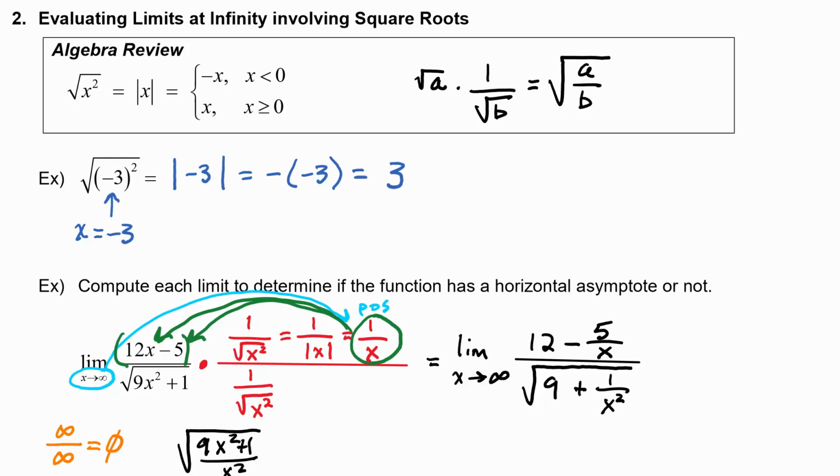Now we are ready to go ahead and apply the limit as x goes to infinity. We know that means 5 over x is going to go to 0. 1 over x squared is going to go to 0.